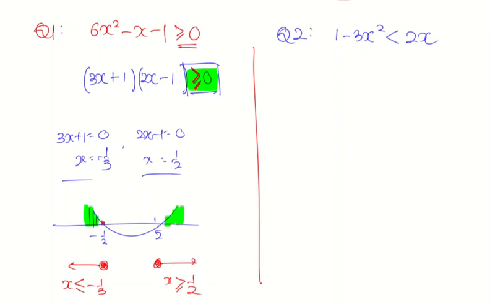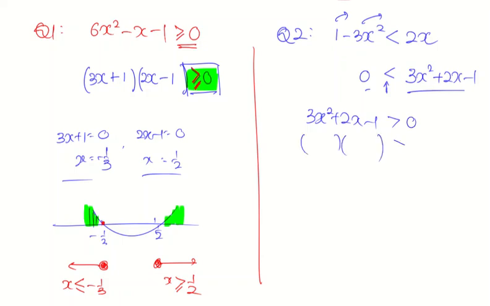Okay, let me show you first. I will move everything over there. This one move over there positive, this one move over there negative. So write everything again. This thing more than 0. 3x, x, 1, 1, positive, negative.